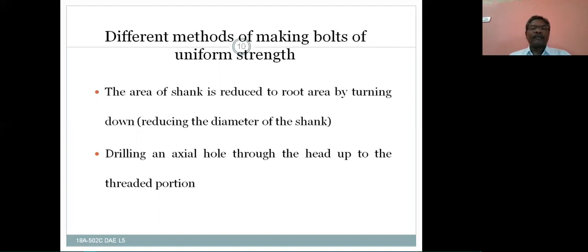These are the two methods available to get a bolt of uniform strength. One is reducing the shank area by turning down to the root diameter. Number two is drilling an axial hole through the head up to the threaded portion. These two methods are there.